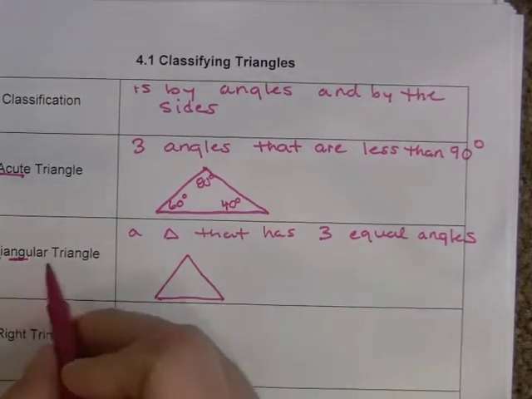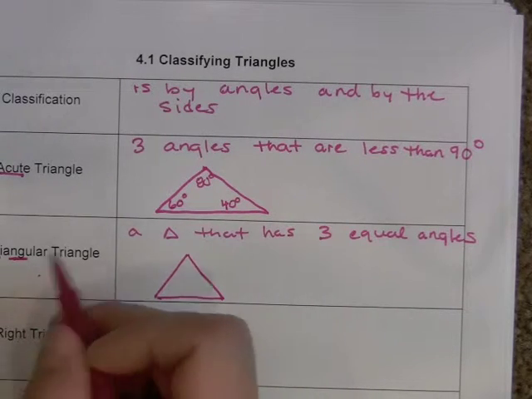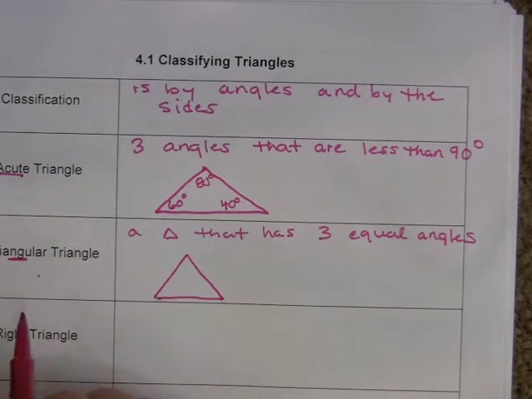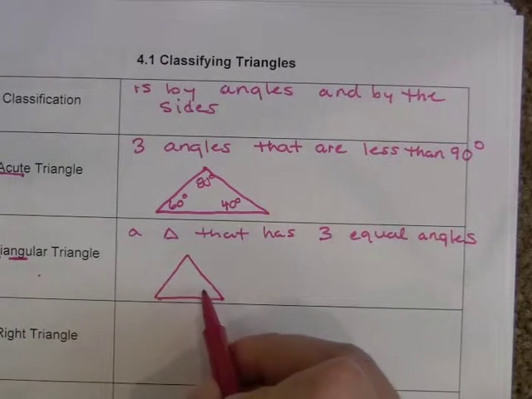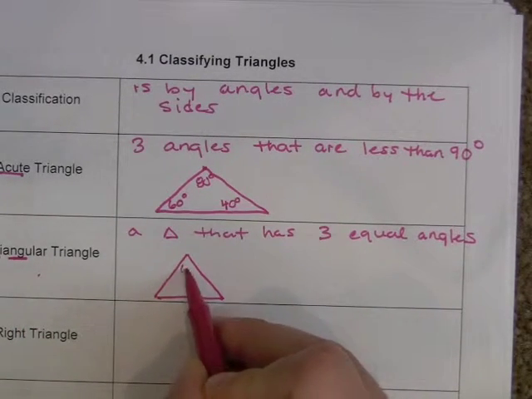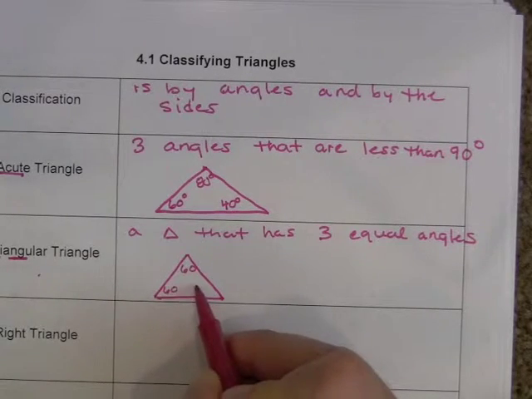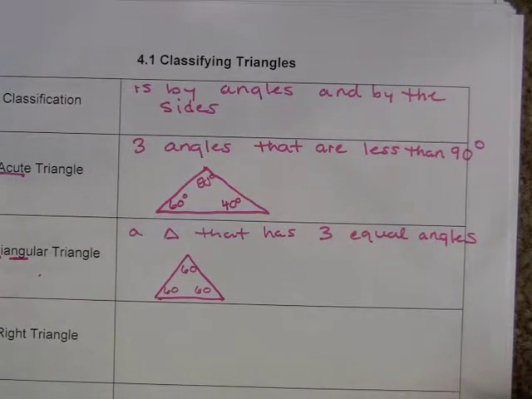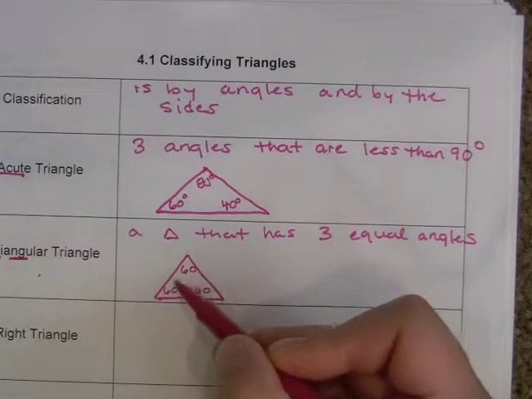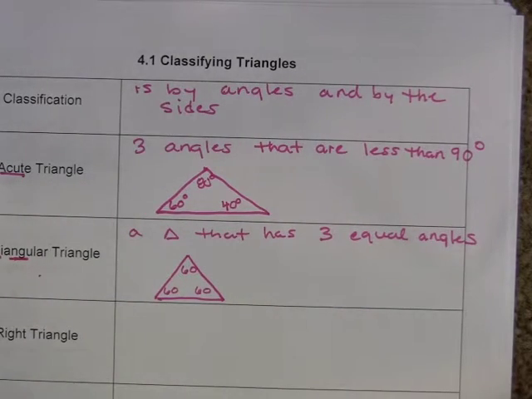Well, if I take 180 and I divide that by 3, 180 divided by 3 will give me 60 degrees. So each angle in here will measure 60 degrees when it's equiangular. So it's a 60 degree measurement here, three equal angles.